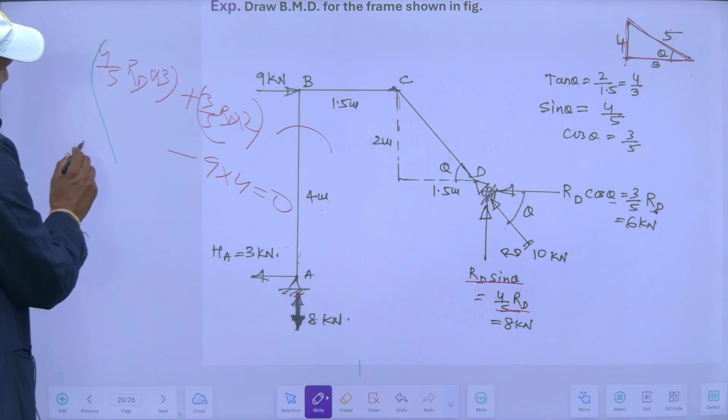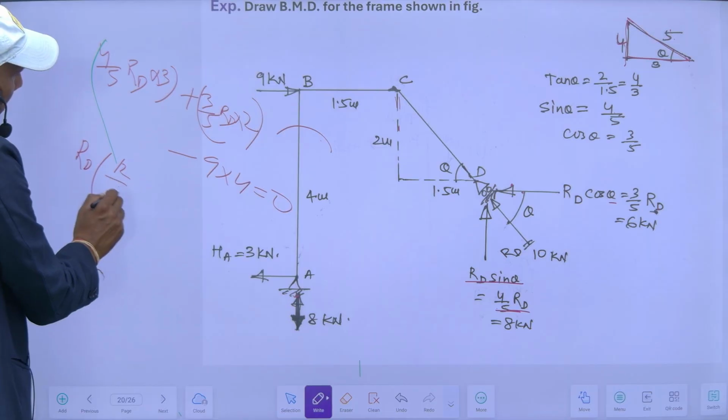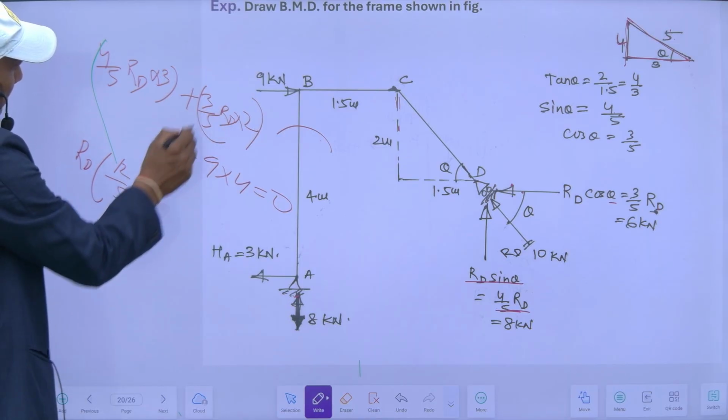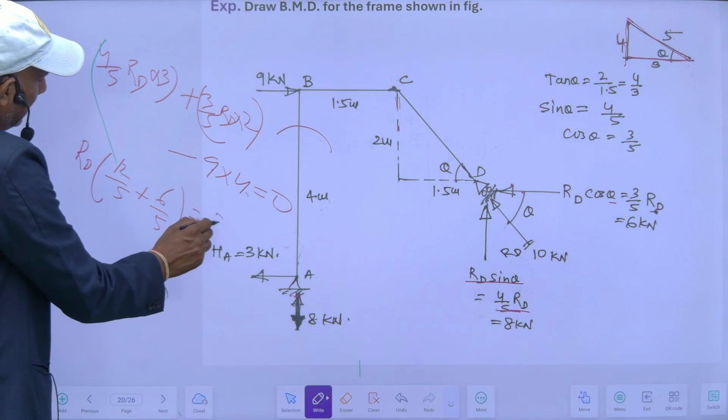So Rd will be 12 by 5 plus 6 by 5 is equal to 9 into 4, which is 36.